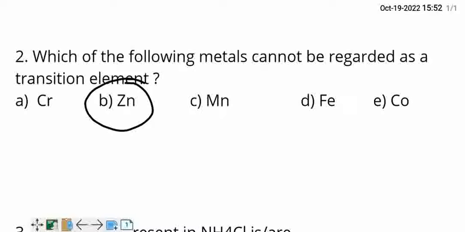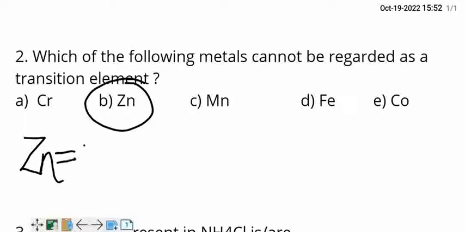The reason is simply because zinc does not fulfill the definition for transition metals. Transition metals have partially filled d orbitals, apart from being located in the d block. Okay? Apart from an element being located in the d block, it must also have partially filled d orbitals. Let's look at it critically.